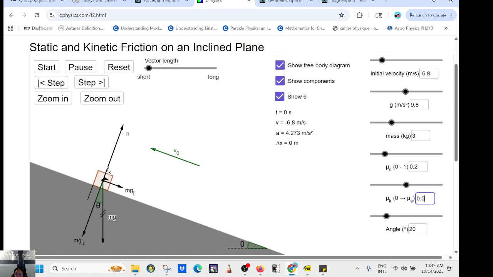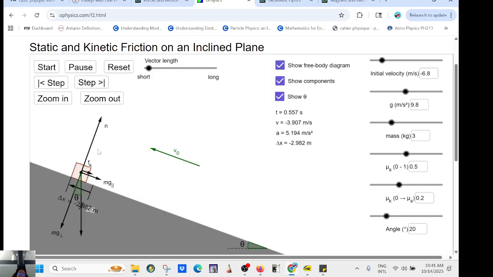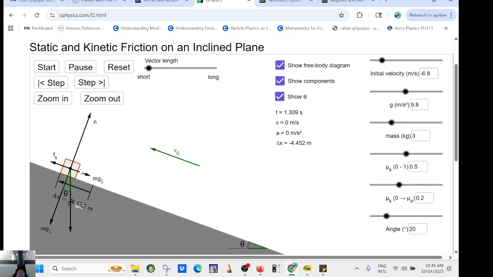So now we can do 5. Static friction has to be larger, so 0.5. You see, kinetic friction opposes the motion, and now static friction is so large that it doesn't move.